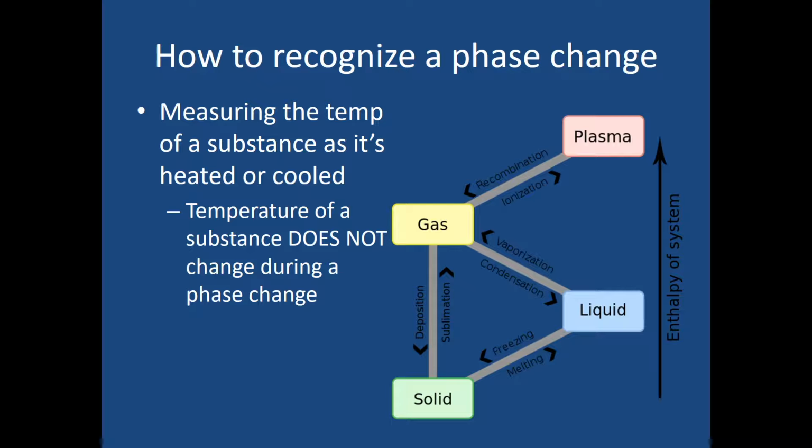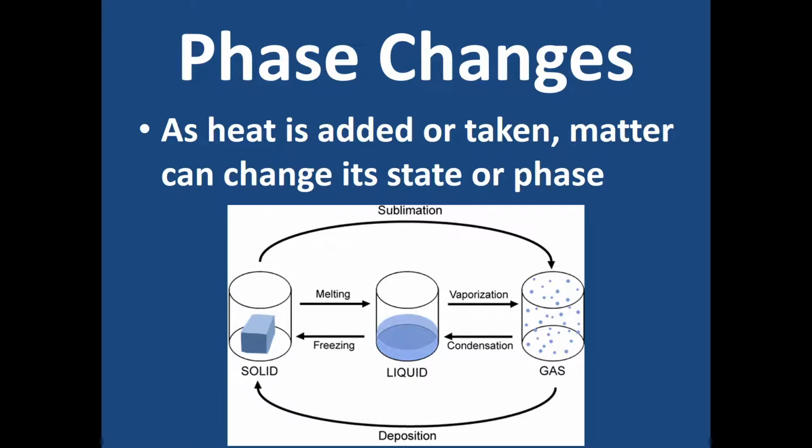Anyway, we'd say that CO2 sublimes or undergoes sublimation, meaning it turns from a solid to a gas. As heat is added or taken away, and remember that heat is not temperature, heat is thermal energy, matter changes its state or phase.